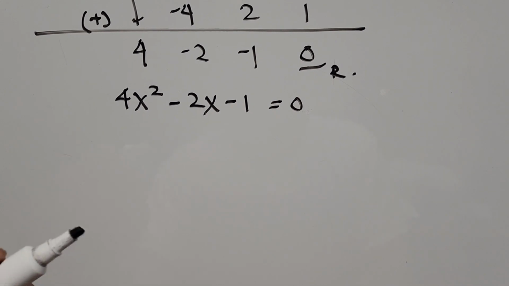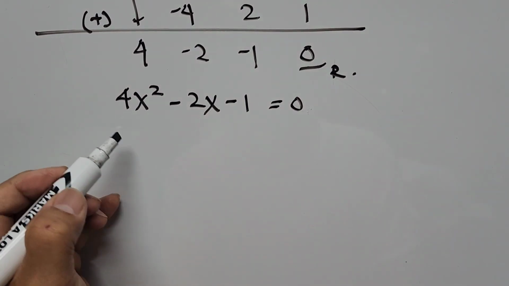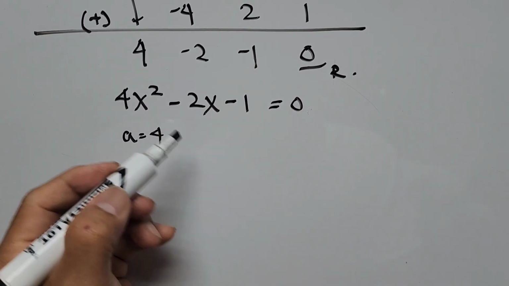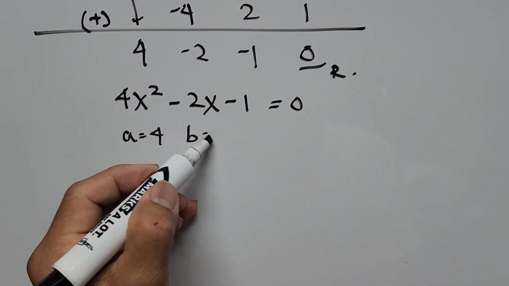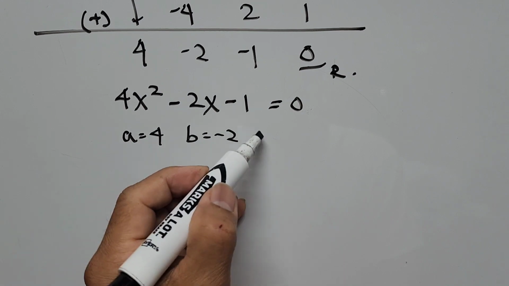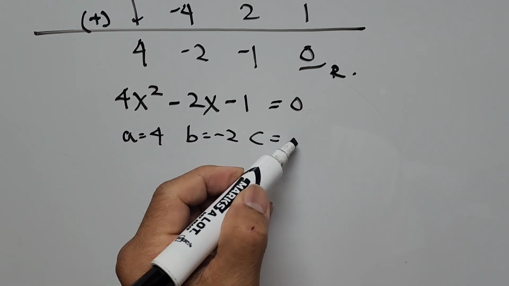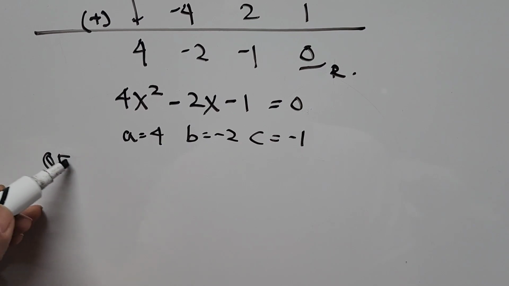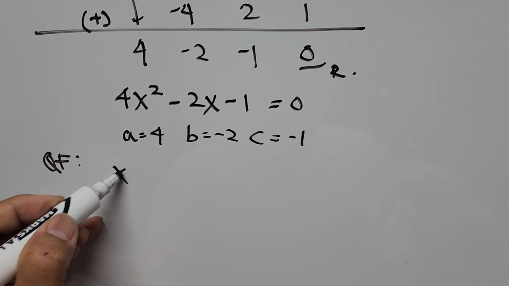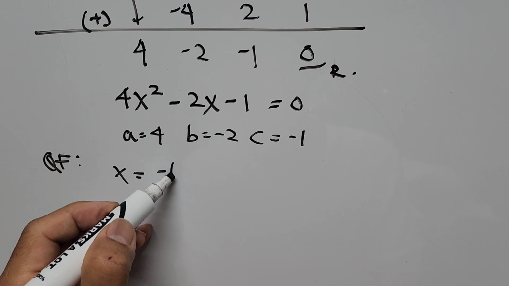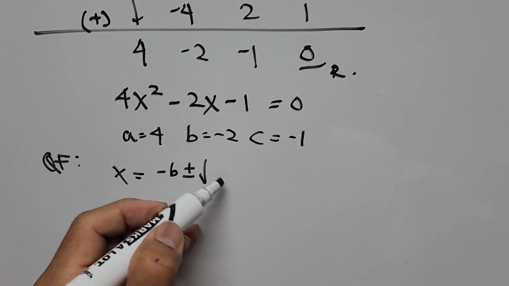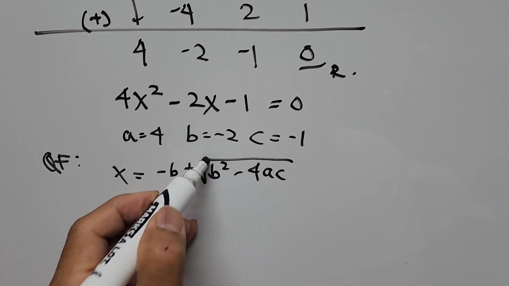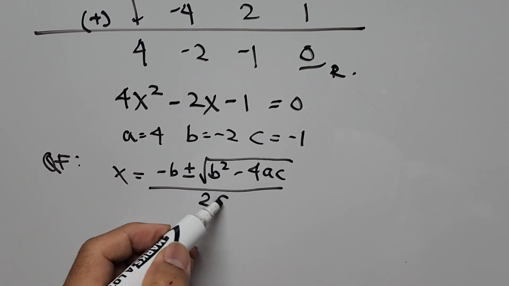So let's do that using the quadratic formula. First we assign the coefficients: a is the coefficient of x squared, that is 4, b is -2, and c is -1. From the quadratic formula, we have x equals minus b plus or minus the square root of b squared minus 4ac, divided by 2a.